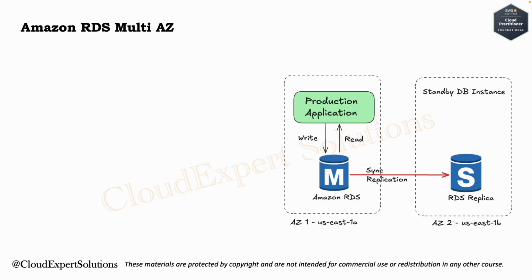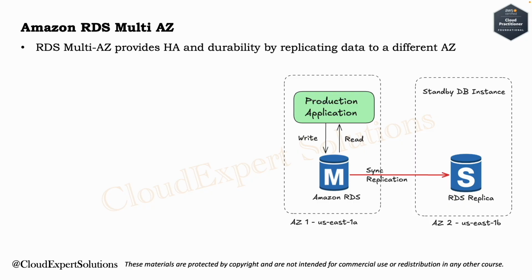Multi-AZ deployment provides high availability and durability for database instances by replicating data synchronously to a standby instance in a different availability zone. Now see the difference. For a read replica, the synchronization was asynchronous. For Multi-AZ, the synchronization is synchronous.